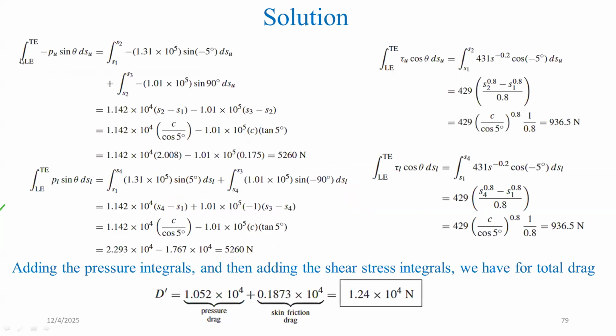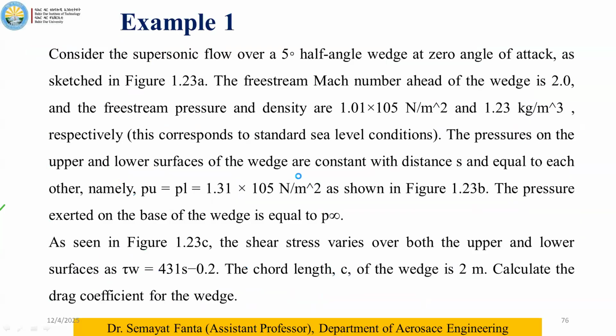These are the relations. You can substitute all the values into Pu sine theta dSu, and then what we get is about 5,260 Newton from this formula. Again, for the lower surface, we calculate the same thing using this relation.